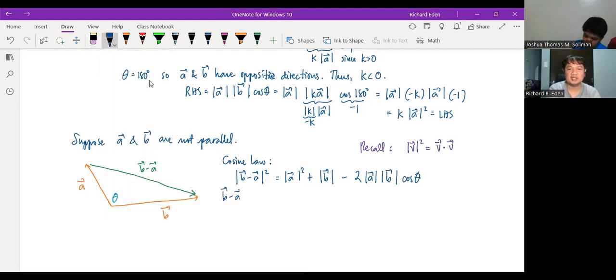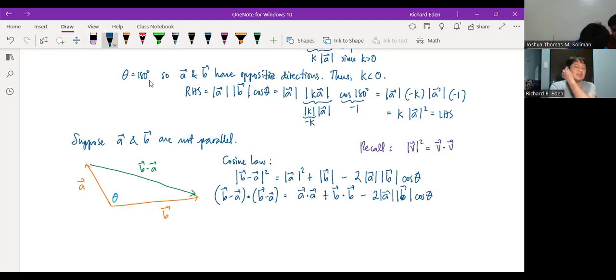B minus A dot B minus A. And then on the right side, A dot A plus B dot B minus, well, nothing much we can do with this for now, just the product of the lengths of A and B and then cosine theta.